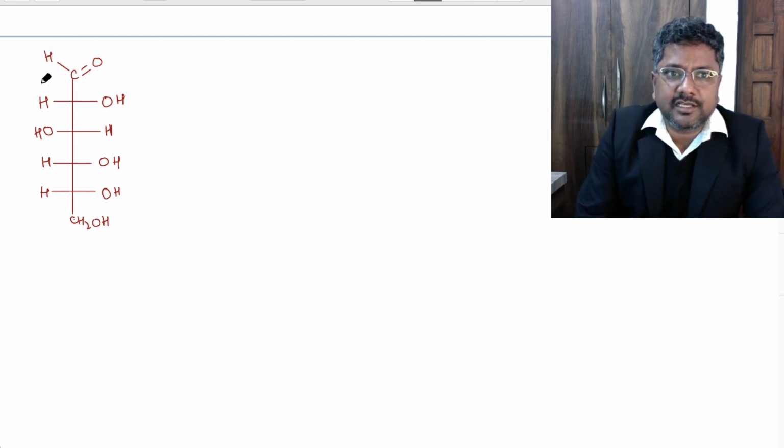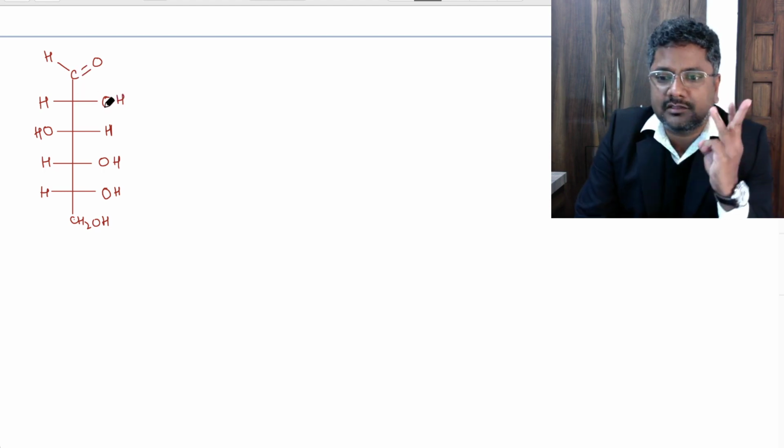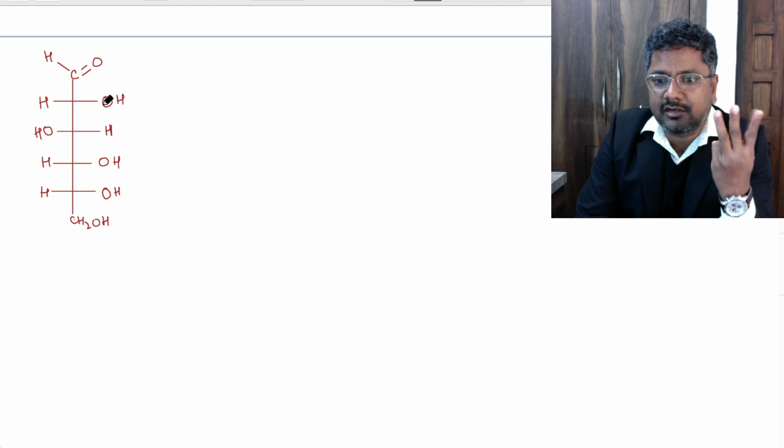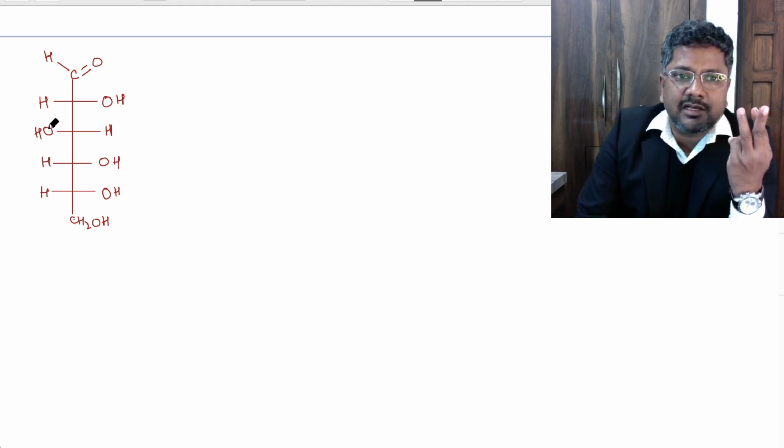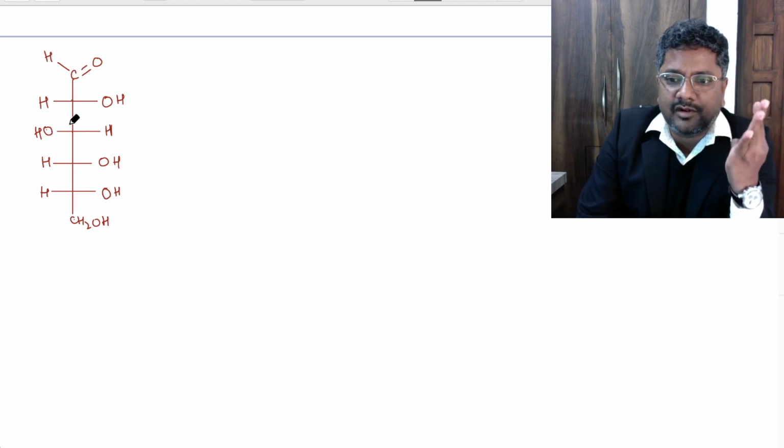Now tell me, this is the aldehyde group. If you make a ring through glycosidic linkage or hemiacetal formation between this oxygen and this carbon, so you will have 1, 2, 3, a 3-membered ring. If you make a reaction between this and this carbon, 1, 2, 3, 4, you will get a 4-membered ring.